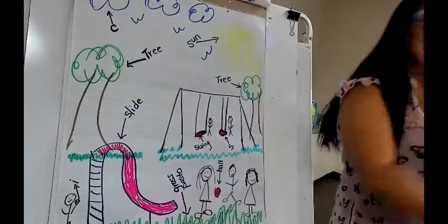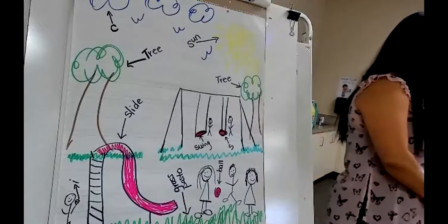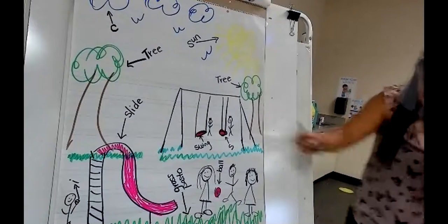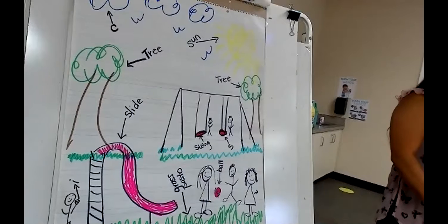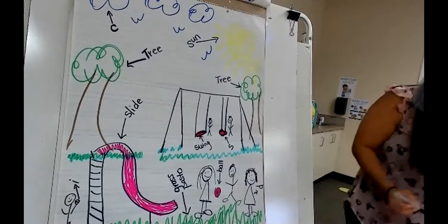Yes, muy bien, Cesar. Oh, what is the girl wearing? A dress. What does dress begin with? Dress. D. We'll put a D because that's a dress.